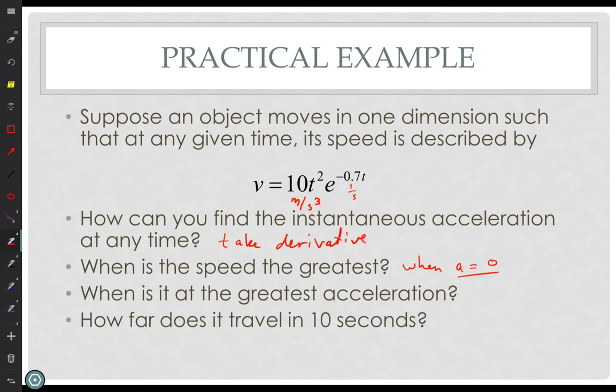And for those who didn't have the benefit of my teachers, I learned like this. If the second derivative is positive, it's a local minimum. If the second derivative is negative, it's a local maximum.